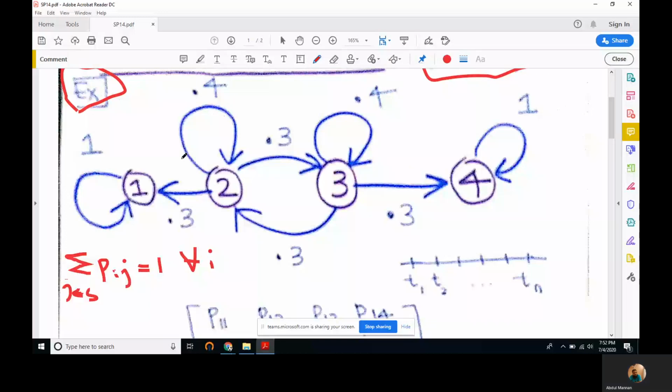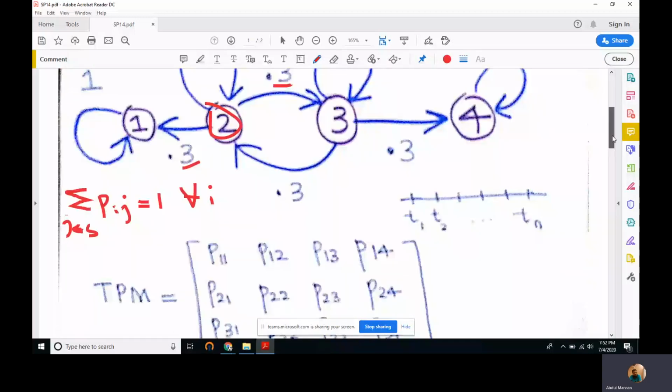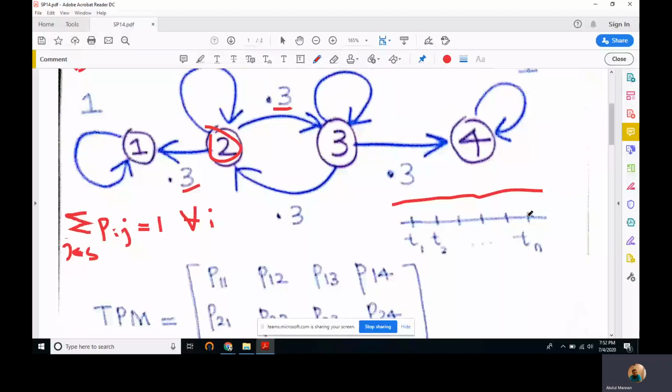A process is a discrete process where, at each time Tn, if the state of the process is 1, the state at n plus 1 can be the same or a different state. But in this chain, if the state at time Tn is 1, it remains 1 only.